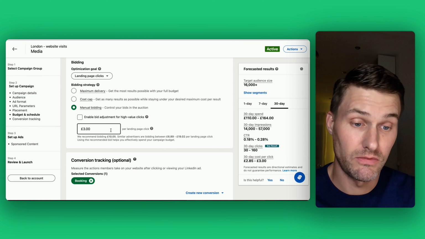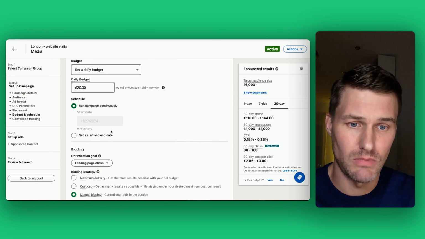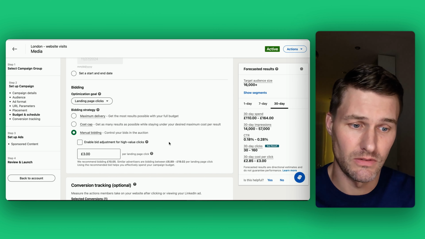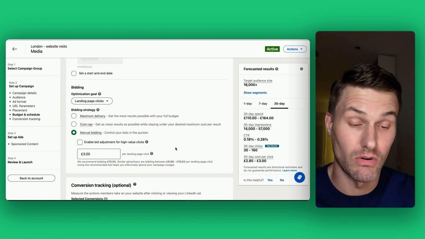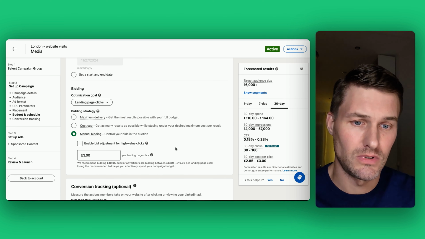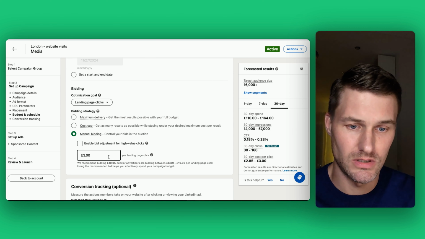And what I would look for is if the campaign is spending my daily budget. Let's remember I had the daily budget of £20. So I would monitor for the first few days if the campaign is spending those £20 or higher. And if not, it means that it cannot reach enough people on such a low bid. So then I need to increase the bid a little bit.